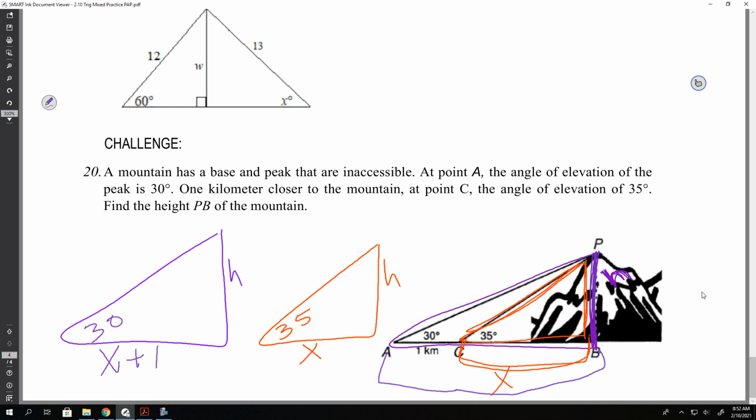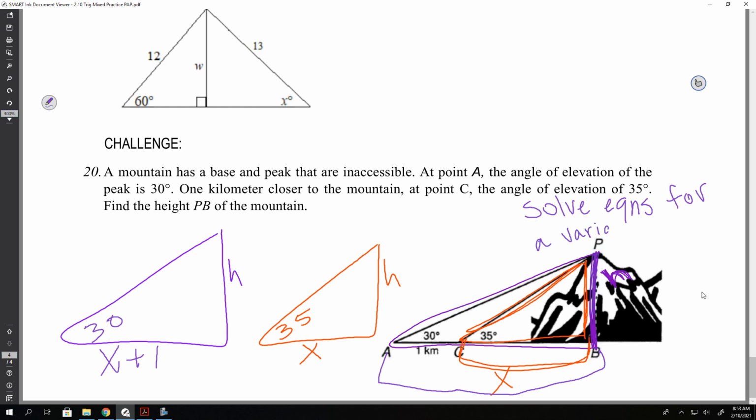Okay? And what I would do is I would solve the 2 equations for one variable and then set them equal. It doesn't really matter whether you solve them for x or h, but doing x might be a little bit easier.